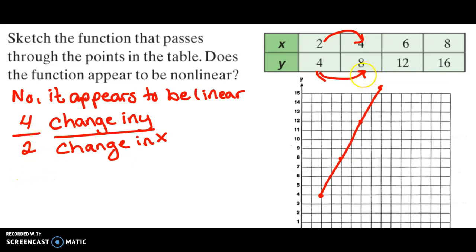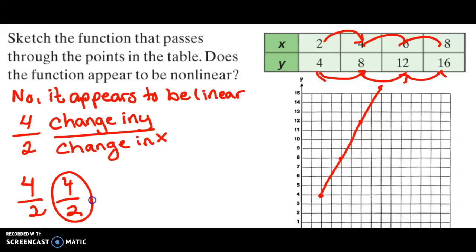So let's check them. We have 8 to 12 is positive 4, and 4 to 6 is positive 2. That equals the same. And then 12 to 16 is positive 4, and 6 to 8 is positive 2. So we can say my rate of change is 4 over 2. It's a little different than proportional.